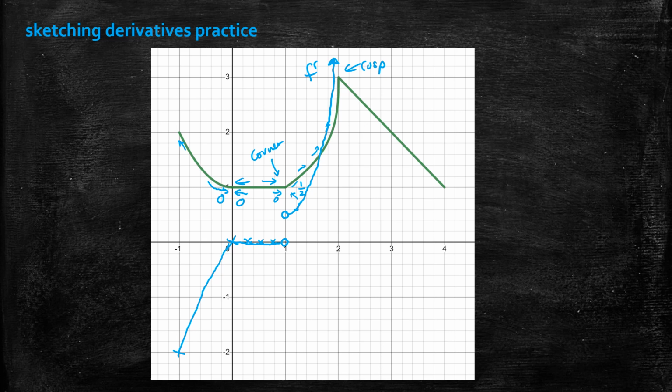From the left of x equals 2, it's approaching infinity, and from the right of 2, the slope is -1, and that's constant because we have a linear function, so I have to put an open circle at -1, a couple little marks there, and indicate that the derivative there is a constant function. So there we have practiced sketching the derivative of a function when corners and cusps are present.